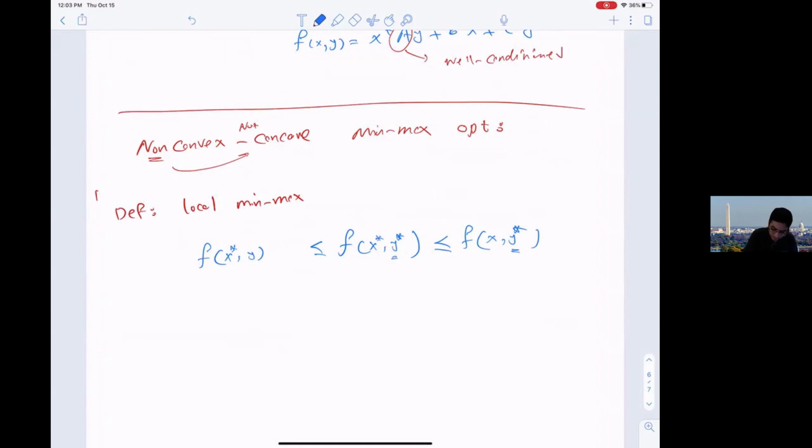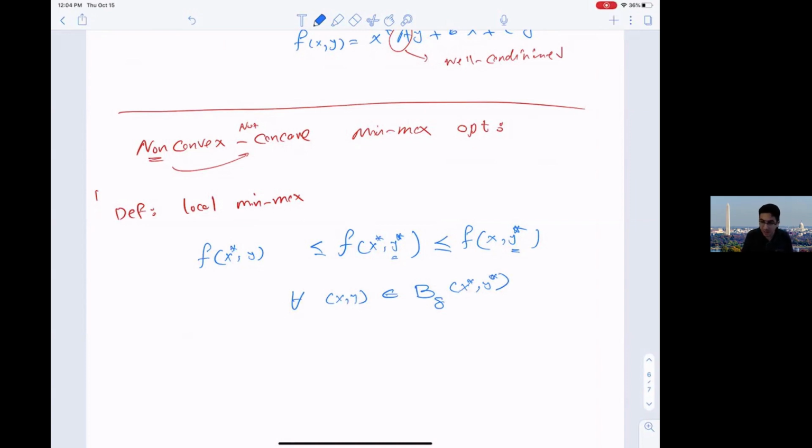Before, I wanted these two inequalities to hold globally, but if they hold for X and Y in a neighborhood of X star and Y star, let's say a ball with a radius of delta, then I'm going to call X star and Y star a local saddle point.